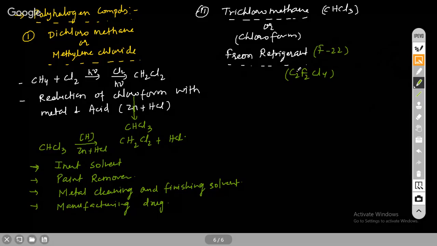And when it reacts with oxygen in presence of air and light, it forms phosgene gas. For example, CHCl3, when it reacts with O2 in presence of light, forms phosgene, which is COCl2 plus HCl.